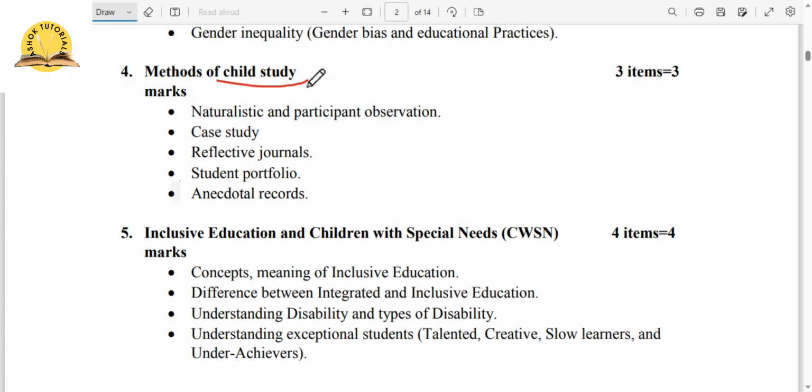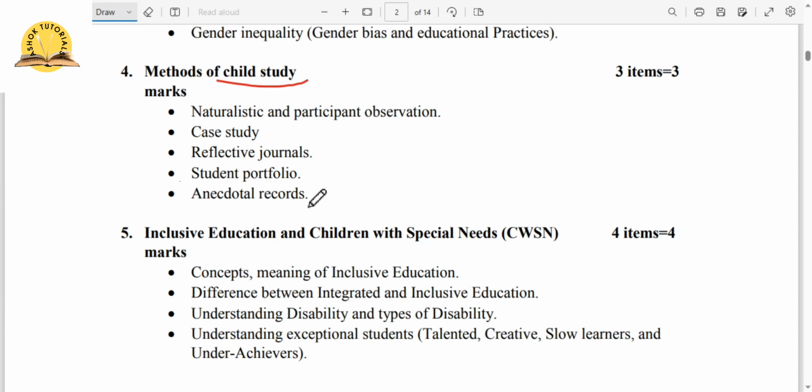So we have to understand how we are going to teach them, how we are going to behave with them, how we are going to care for them, right? So all these things we have to learn. So methods of child study, and how we are going to know about the different backgrounds the children are coming from, right? So we have to understand all this, and in order to understand that, we have to study methods of child study.